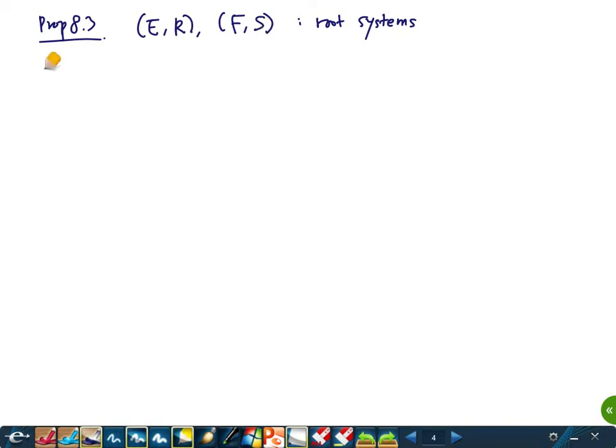And we can define E direct sum F. You can always take the direct sum of two vector spaces, and we take the union of R and S. This is a root system. We can make a bigger one.